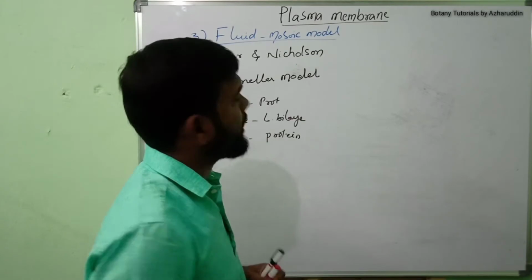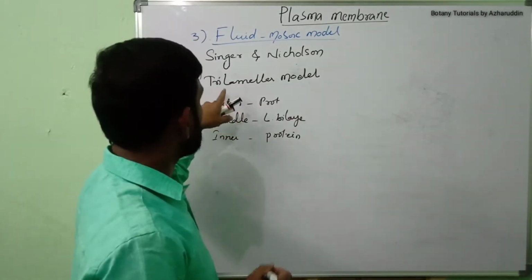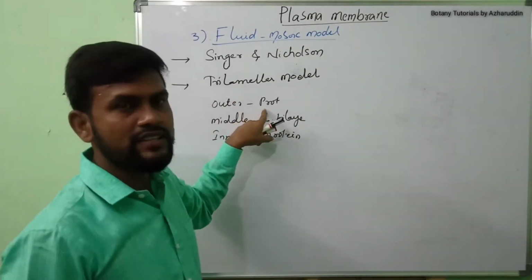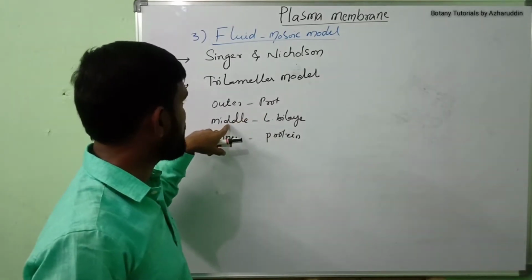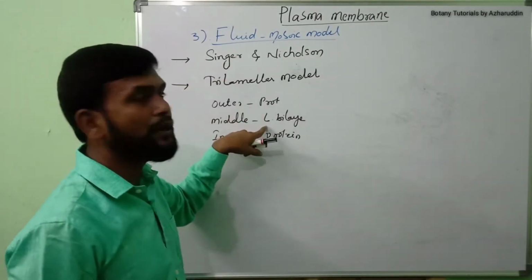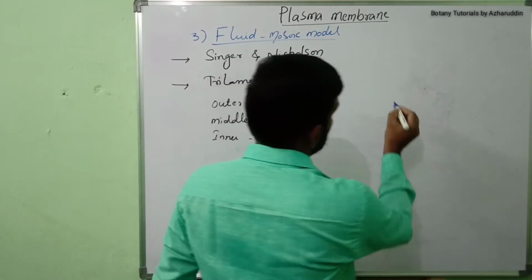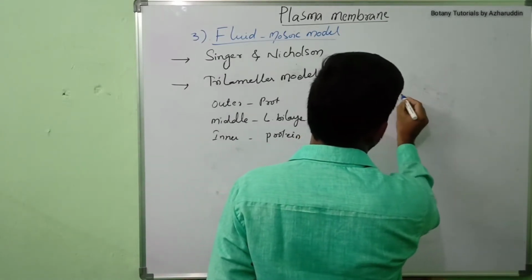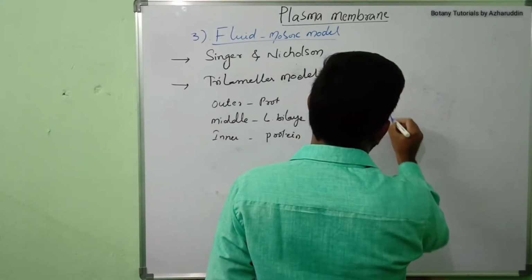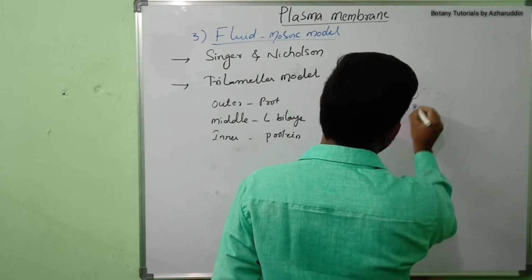According to Singer and Nicholson, the outermost layer of the plasma membrane is the protein layer. In the middle part, the lipid bilayer is present. These are lipids, phospholipids.